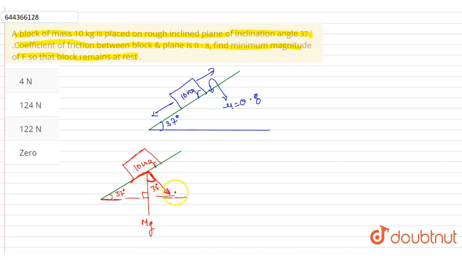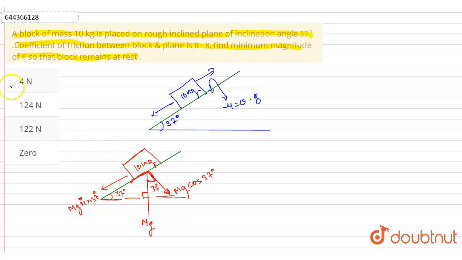So now we have to resolve these forces perpendicular to the plane and along the plane. So perpendicular to the plane is mg cos 37. And along the plane is mg sin 37.